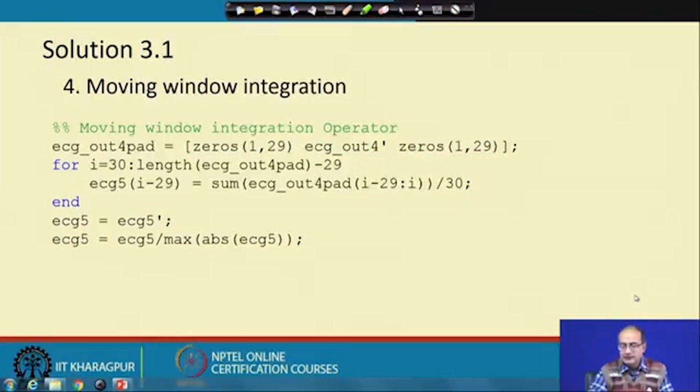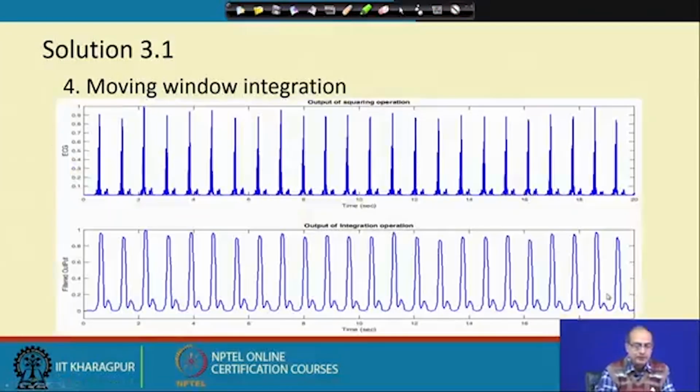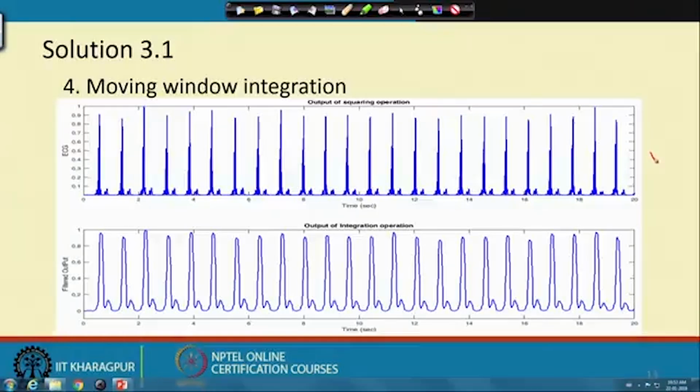Now, let us appreciate the impact of it. So, at the top we are showing the output of our ECG signal from the squaring operation, and after the MA filter this is what we get.